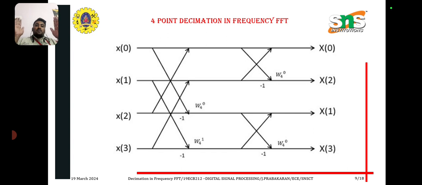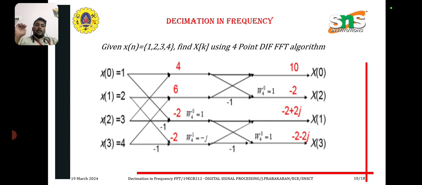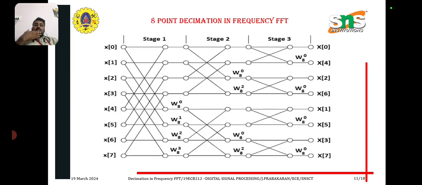Don't take bit reversal for the input sequence. We have to map the input sequence as per the given order and take bit reversal for the output sequence. The other procedures are the same as in DIT. This is the 8-point DFT flow graph, with input sequence and output sequence.